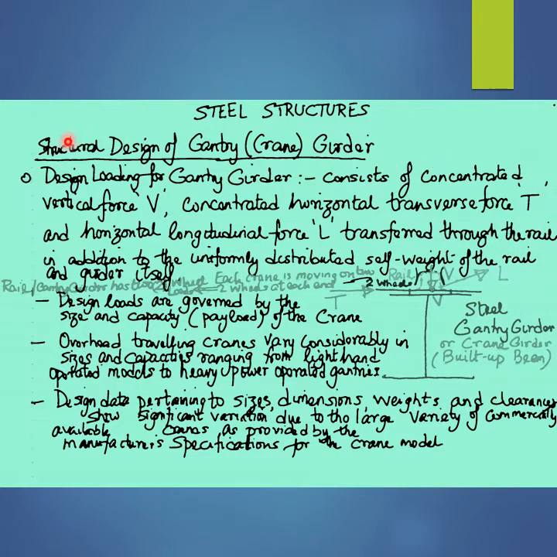With reference to the coordinate axis displayed in the schematic figure of a typical industrial building that is provided with an overhead electric crane or a gantry supported on rails at either end that are installed on the top flange of the steel gantry girder, that is steel crane girder, for which a typical cross section is shown as a built-up beam in this figure.